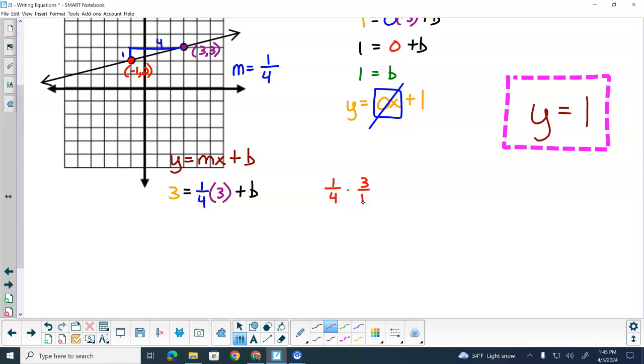Because we multiply across the top, right? 1 times 3 is 3. 4 times 1 is 4. So 3/4, right? If you have 3 1/4, you have 3/4. Okay? So that's going to be 3/4.